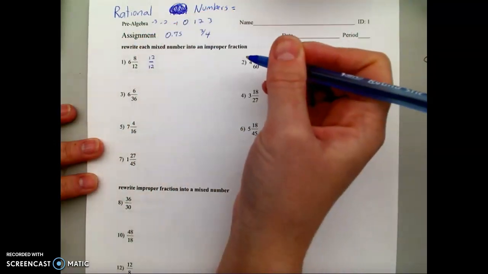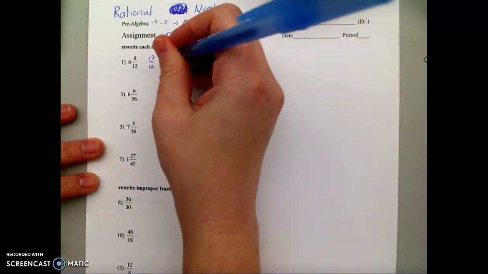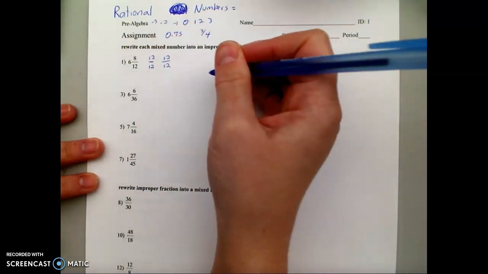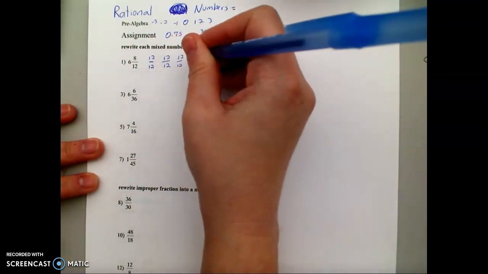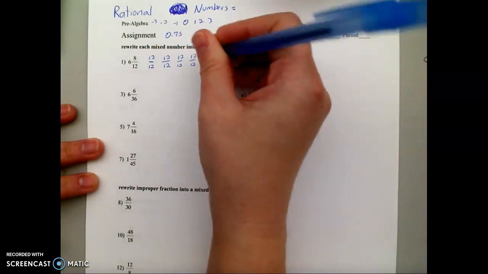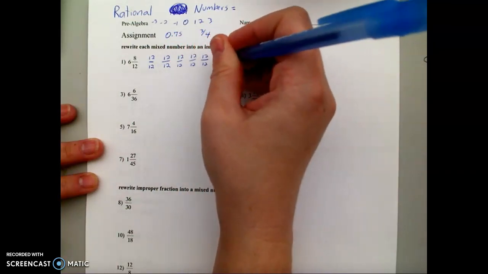For one pizza, I ate 12 out of 12. For 2 pizzas, there's 2 pizzas. Get it? There's 1. There's 2. There's 3. There's 4. You're getting what I'm doing. There's 5. And there's 6.